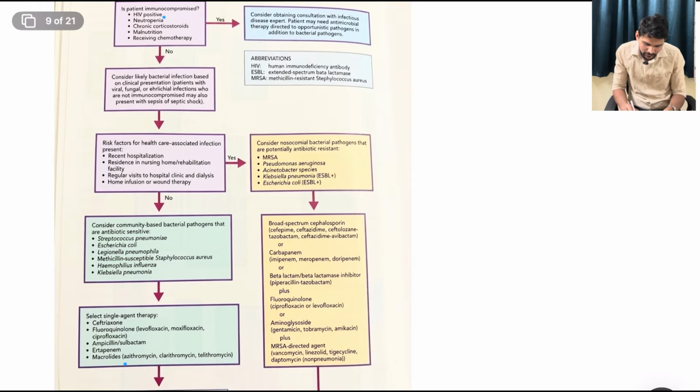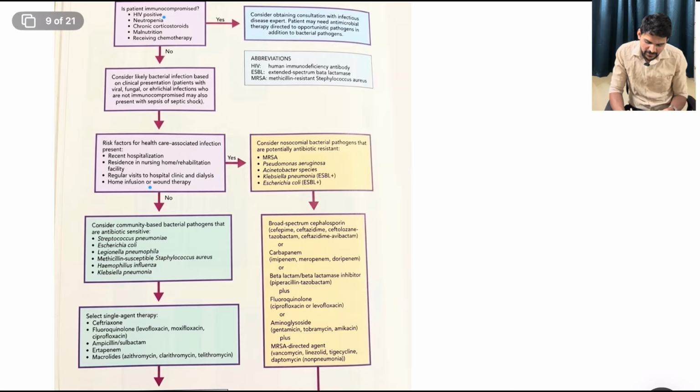For example, you can choose ceftriaxone, a fluoroquinolone, or some macrolide. A single agent should be started if there are no such high risk factors of virulent organisms. This is the first thing. And we have to know some of the common microbes which lead to infections. For example, pneumonia, commonly Streptococcus pneumoniae. For that, we have to target with the particular medication. This is the first group we can consider.